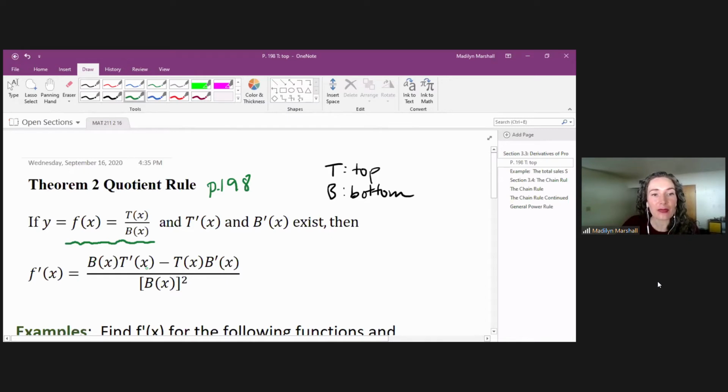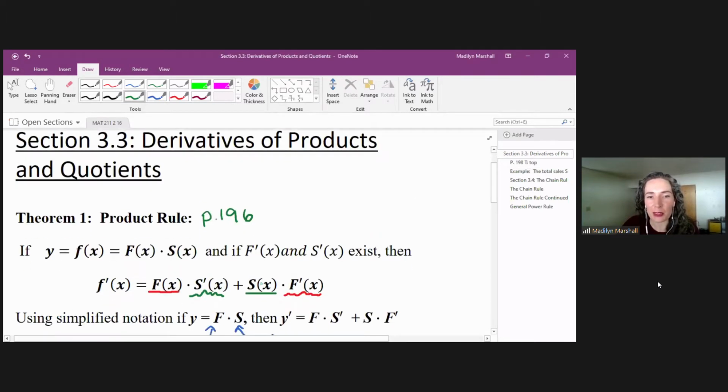I'm going to go back for just a moment to our product rule. Product rule is all multiplying and adding. So there are ways that we could rearrange this and make it mean the same thing, because if we have multiplying, we can switch them around. If we have adding, we can switch them around. It means the same thing.